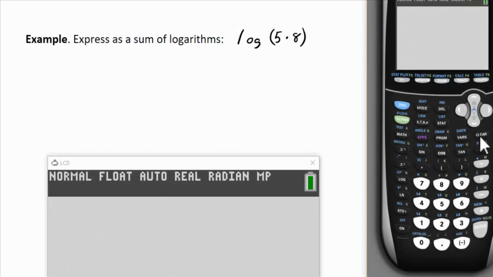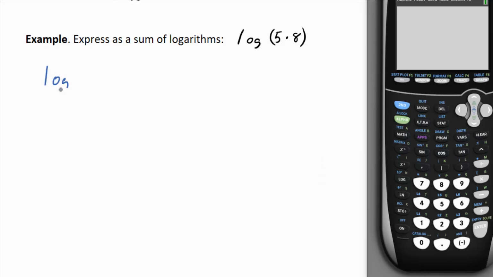Okay, so I want to express as a sum of logarithms log of 40, which is log of 5 times 8. So what does the product rule tell us? By the way, when you don't see the base, it's base 10. So what does the product rule tell us about the log base 10 of 5 times 8?